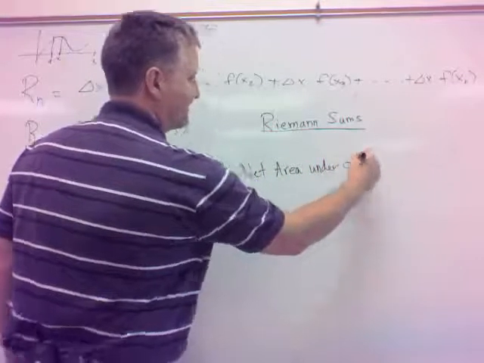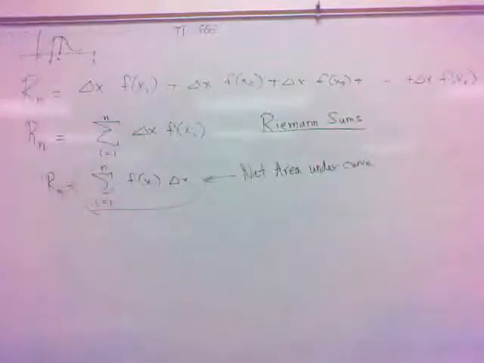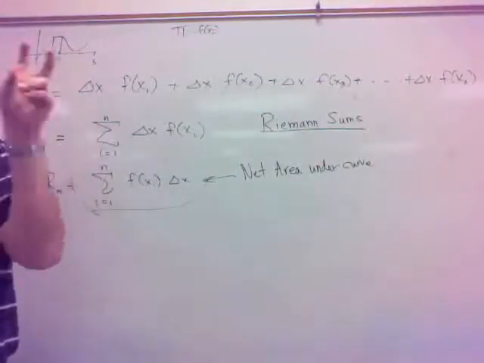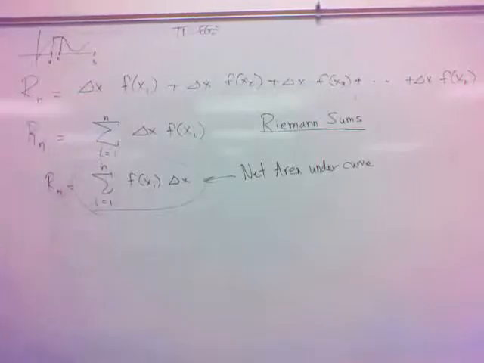Using some latitude there, because technically it's not under the curve, it's between the curve and the x-axis, but it's just easier to say under the curve, and you know what we mean, okay? And it's a net area.